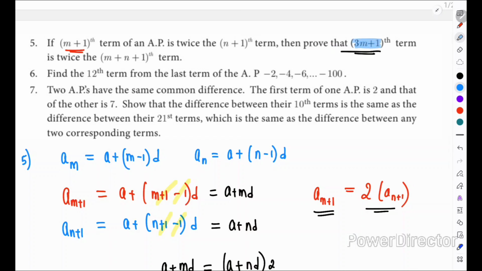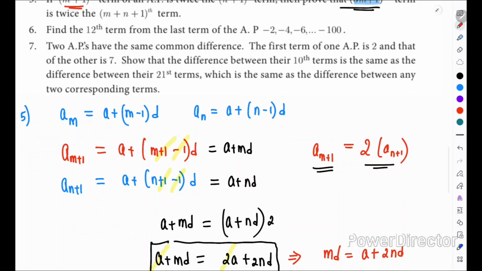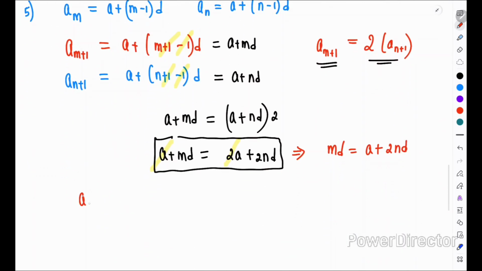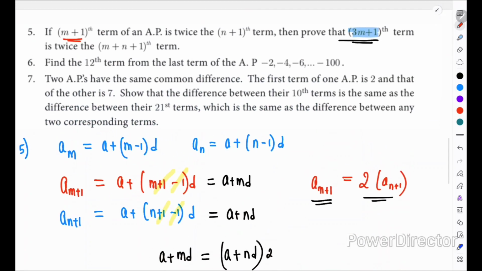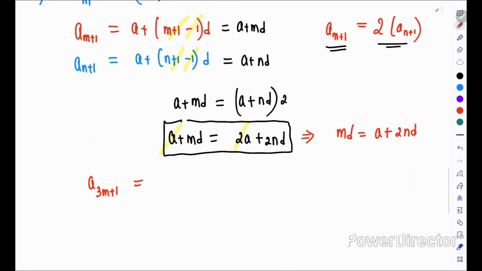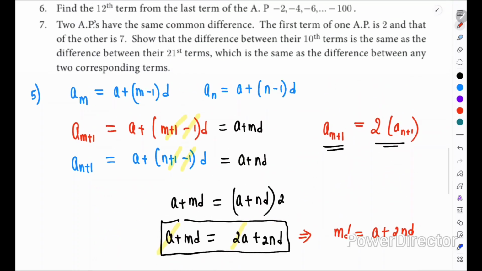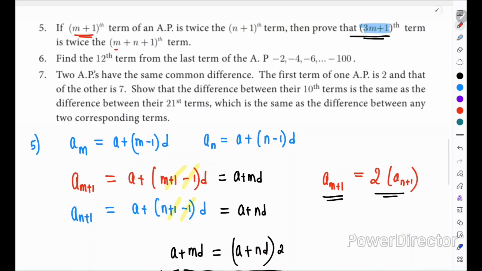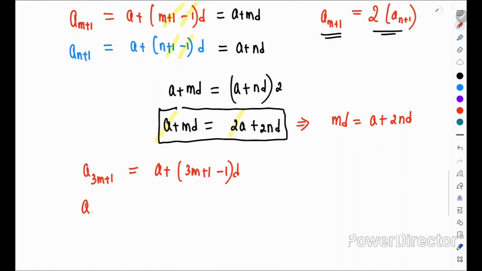So now let us see the second part of the question, what they are telling. The 3m plus 1th term. So how do I write that? a_(3m+1). Yes, in place of n I will replace 3m plus 1. So what do I get? a plus (3m plus 1 minus 1) into d. So this is the 3m plus 1th term. Now one more thing, they are giving the m plus n plus 1th term. So how do I write that? a_(m+n+1).